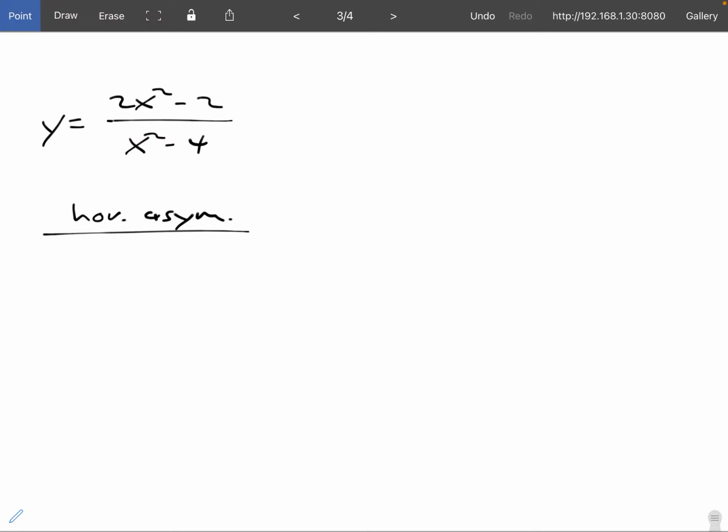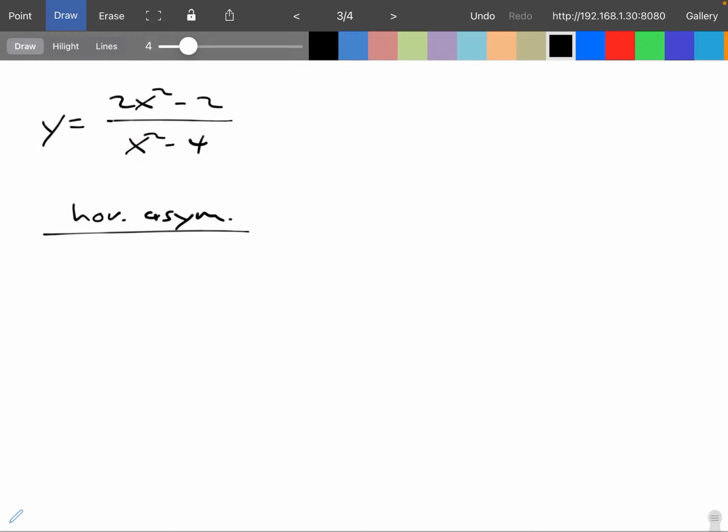So if you look at your little chart there from page 594, it says that if the degrees of the numerator and denominator are equal, then the horizontal asymptote is y equals the ratio of the leading coefficients. So your horizontal asymptote is going to be y equals the number out in front of the highest power term in the numerator.